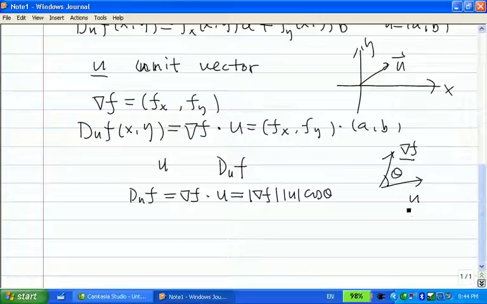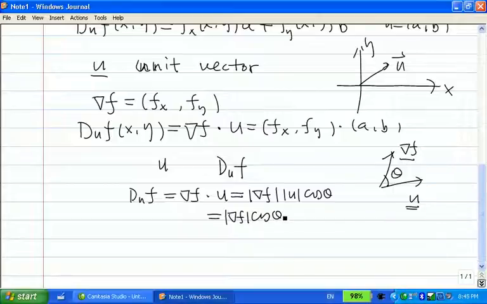When you change u, you change the directional derivative. Remember, u is a unit vector, therefore its magnitude is 1, so you get magnitude of gradient f times cosine theta.